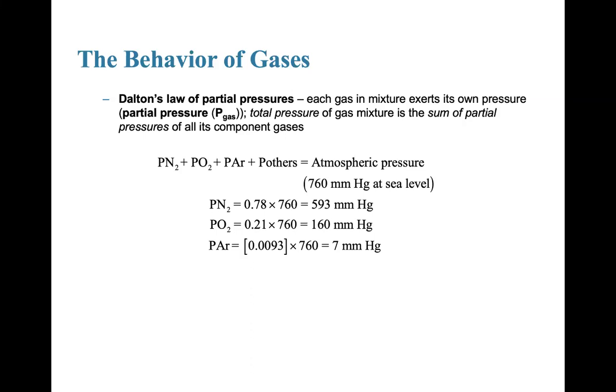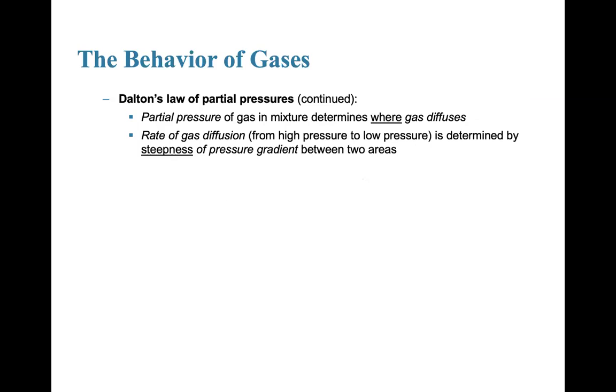Oxygen makes up 21% of atmospheric air. So you would take 760, multiply it by 0.21, which is 21%, and that will give you a partial pressure of 160.